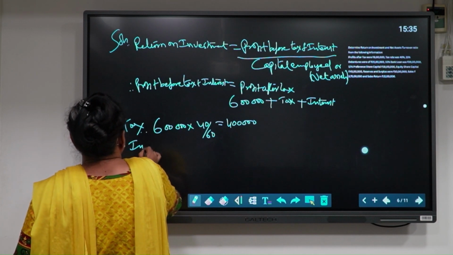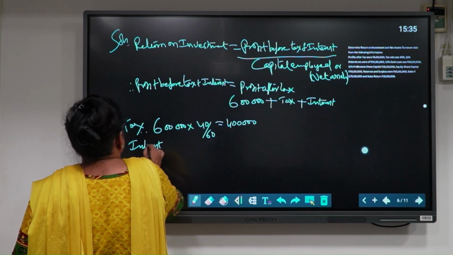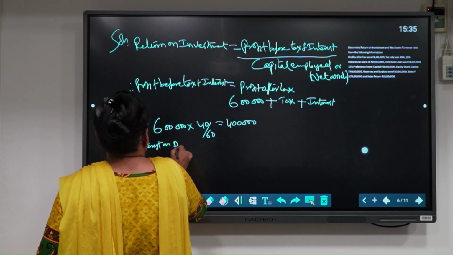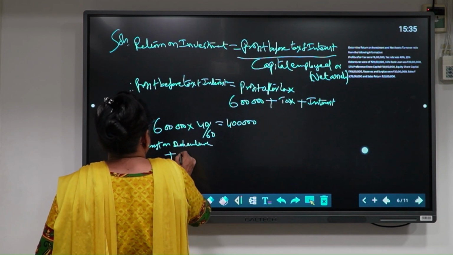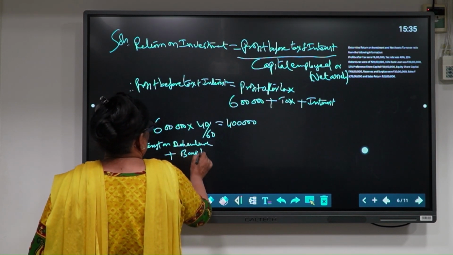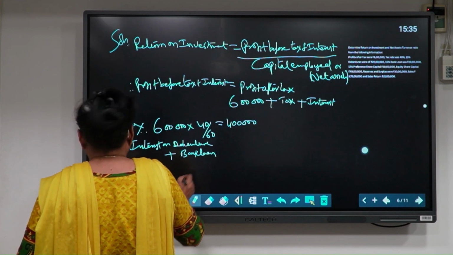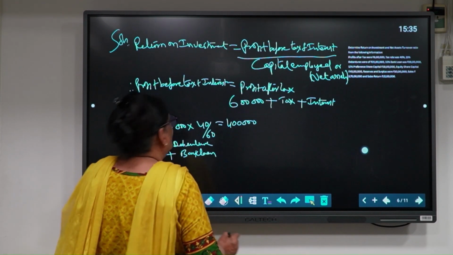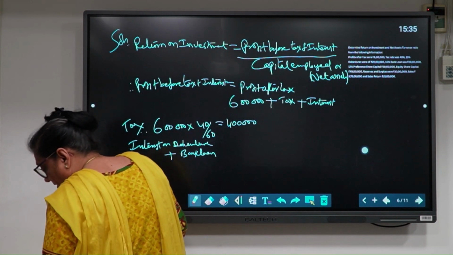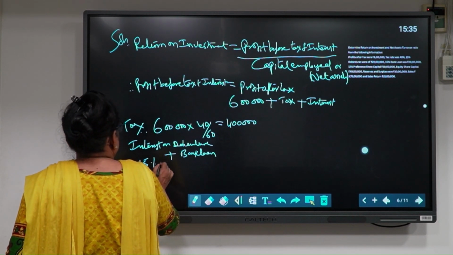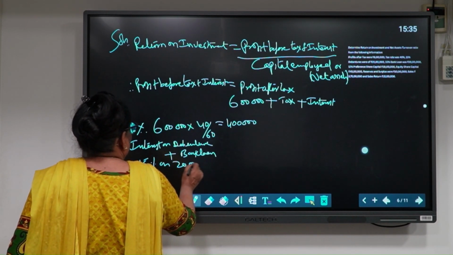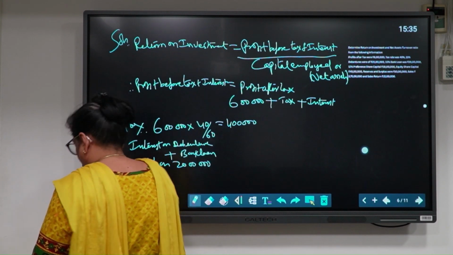Then interest on debenture plus your bank loan. What have they given as interest on debenture? 15% on 20 lakhs. Do this working note and then you can take.